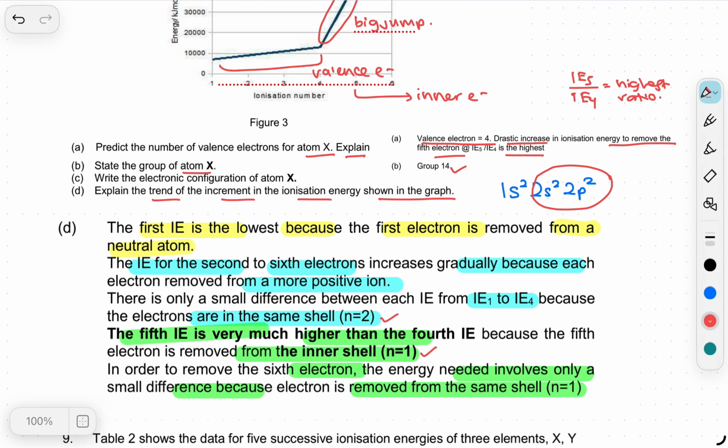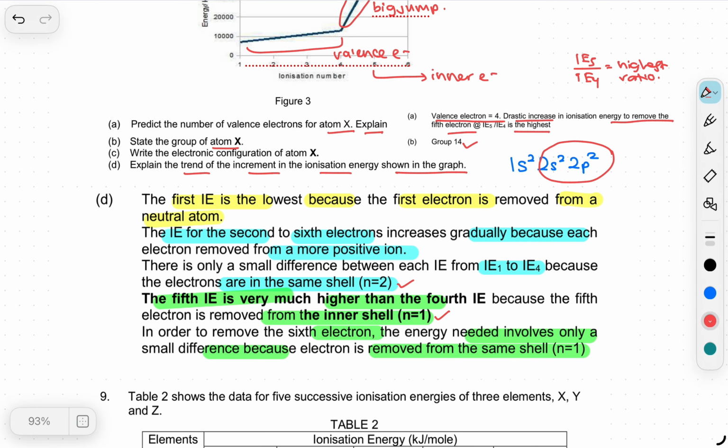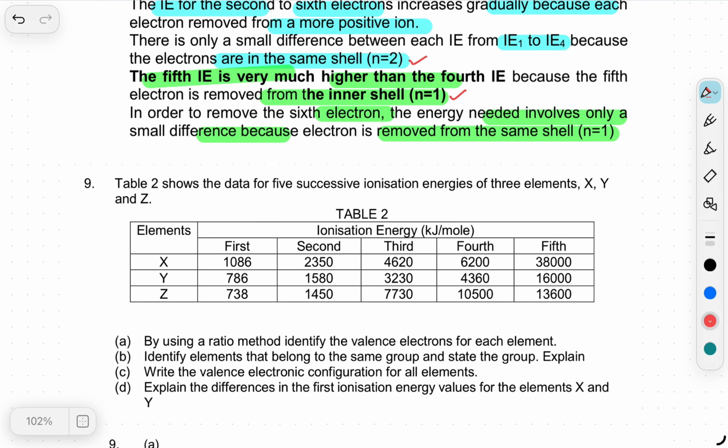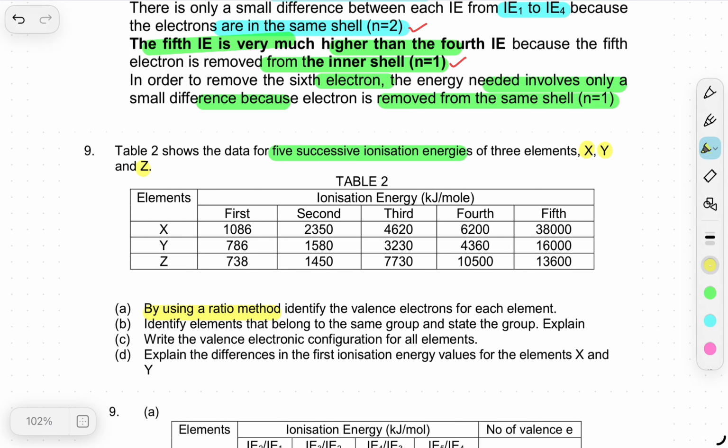All right. And for the last question, you are given data for 5 successive ionization energies of elements X, Y, and Z. They have clearly mentioned to use the ratio method to identify the valence electrons for each element.